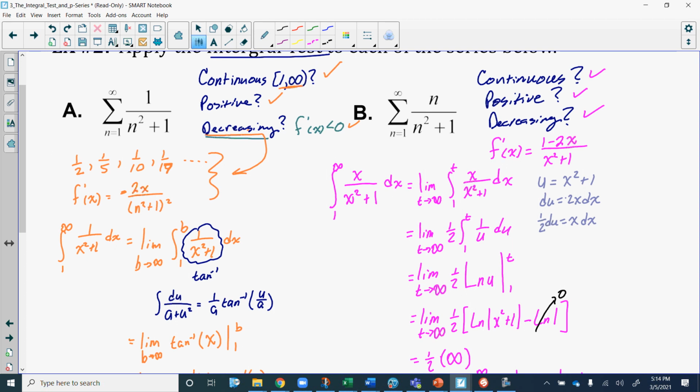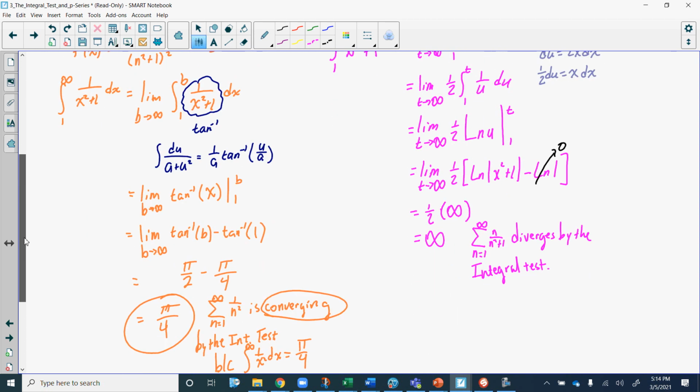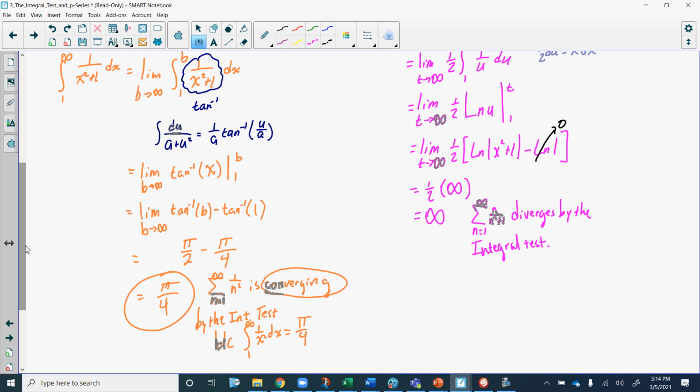So even though we have that 1/2 constant on the outside, it doesn't make a difference, because natural log of infinity is going to go to infinity. Therefore, the series diverges according to the integral test for convergence.